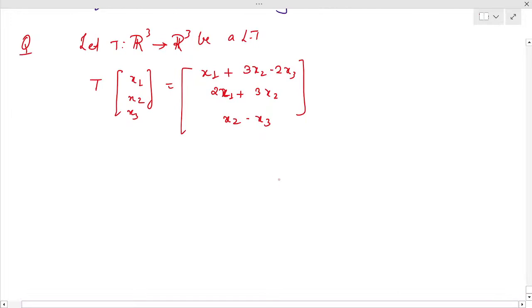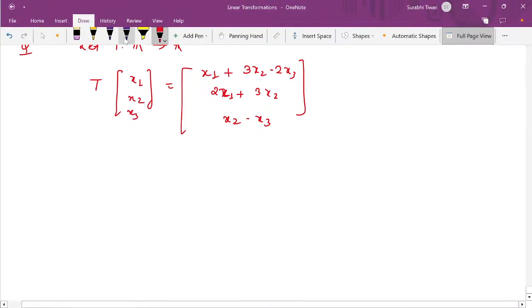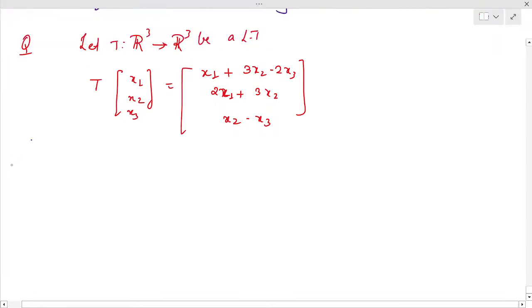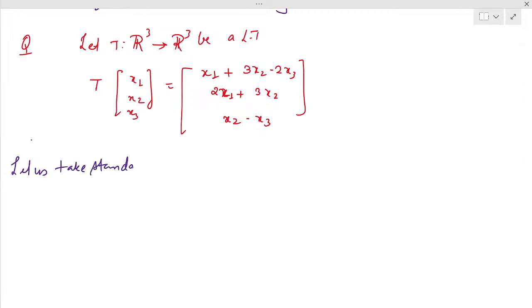Now let us try to think about this. I'll take the standard basis of R cube, which is e1, e2, e3.